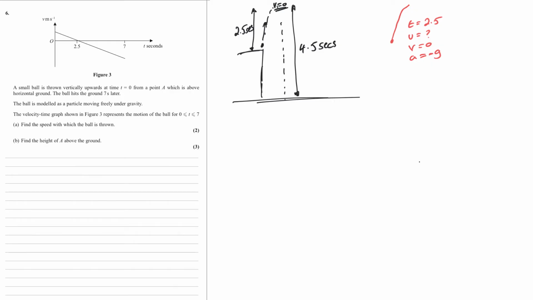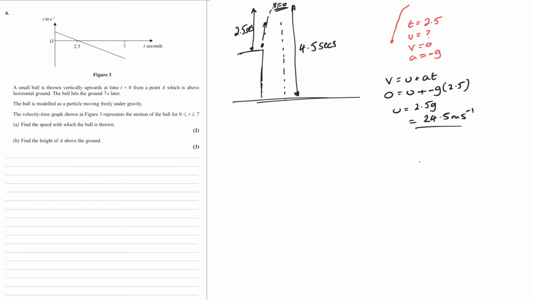So we've got V, U, A and T. So what can we use? Well, V equals U plus AT. So V is 0, U we want to find, minus G times 2.5. So U equals 2.5 G, or 24.5 meters per second. Hopefully that was quite easy to follow there.